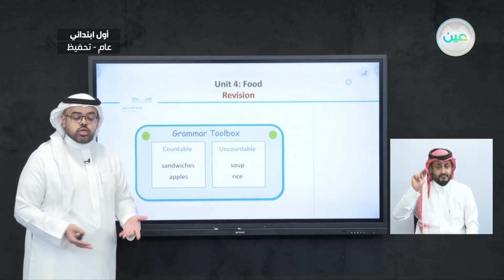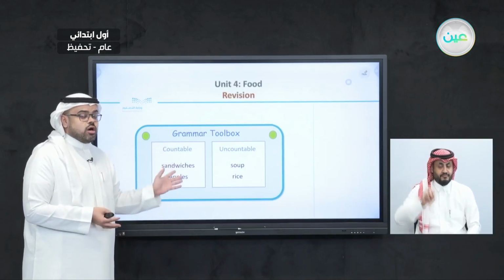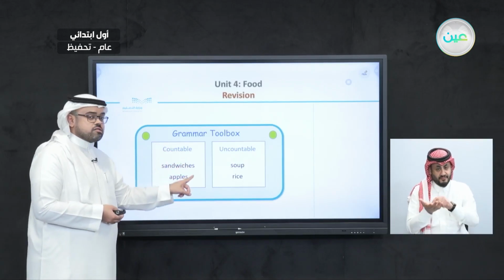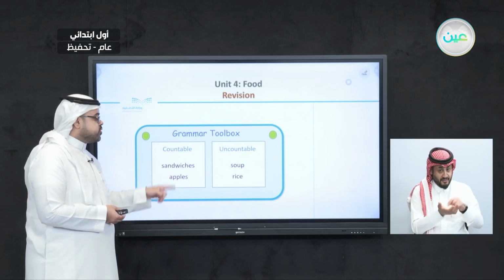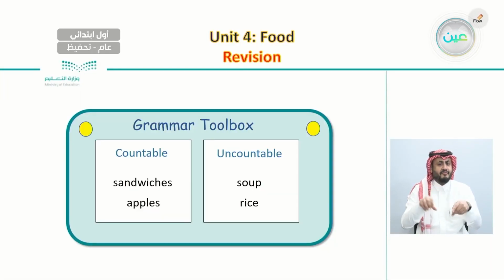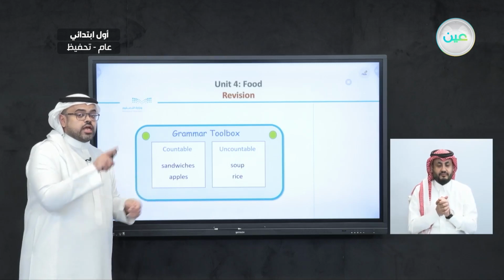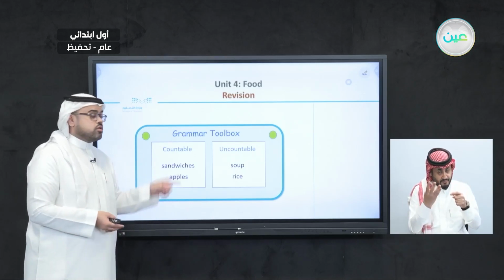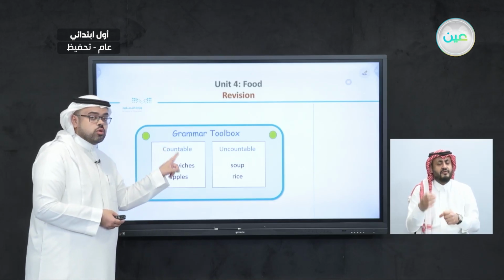And usually, these words that are countable end with S, like, for example, sandwiches and apples. So we said that if we can count a number of apples, then this is a countable word.